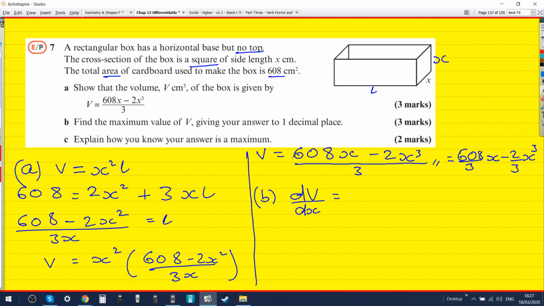So we get 608 over 3 minus 2x squared. So now do we set that equal to 0? I thought that was for the minimum.